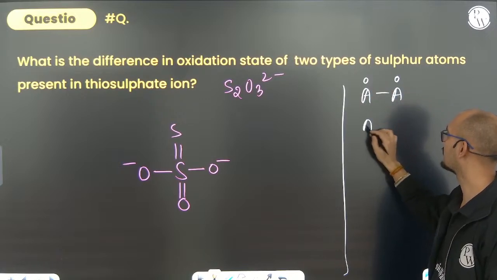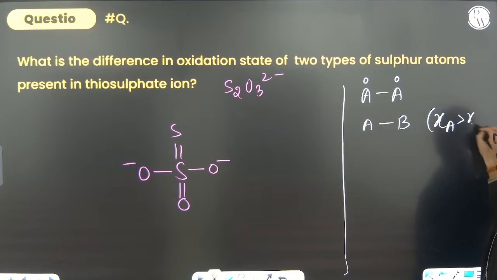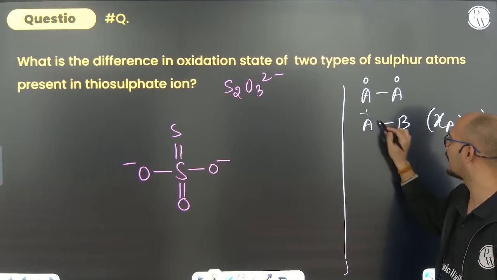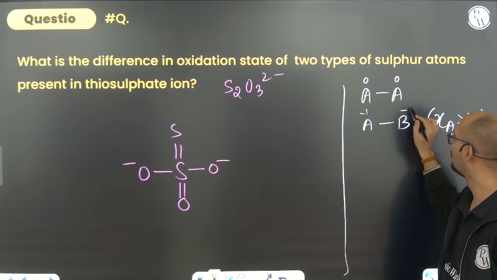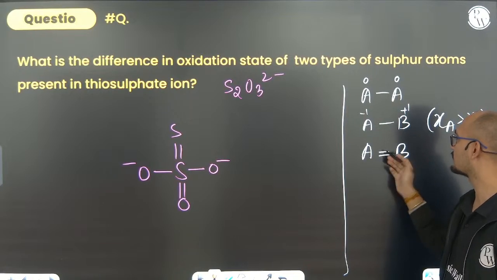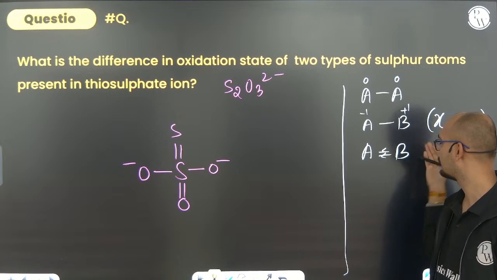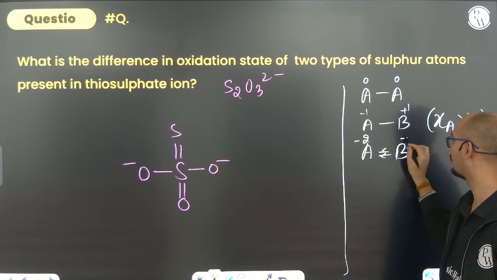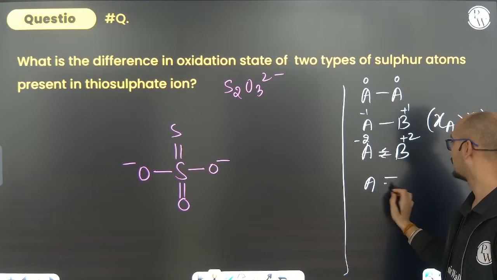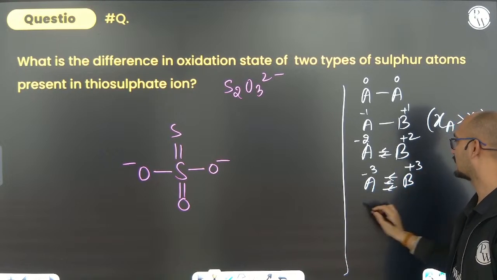Consider there is A, B. Consider electronegativity of A is more than electronegativity of B. So whatever is more electronegative will have -1, while B will have +1. Consider A double bond B. Because there are two bonds, the more electronegative element will have -2, because electrons are coming towards it, while B will have +2. This is the oxidation number. I hope you understand it. A triple bond B. So I hope you can do it very easily. -3, +3. Not a big deal.